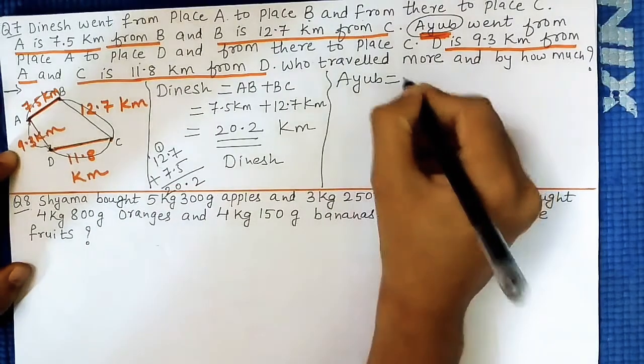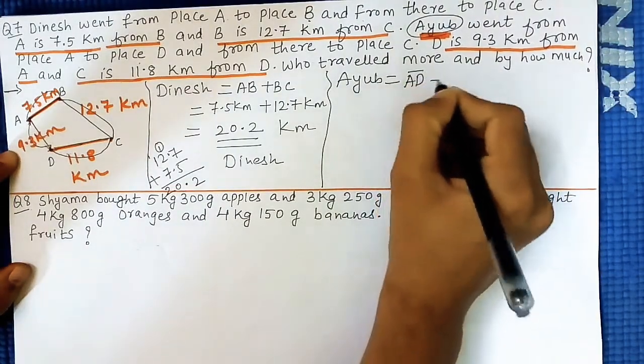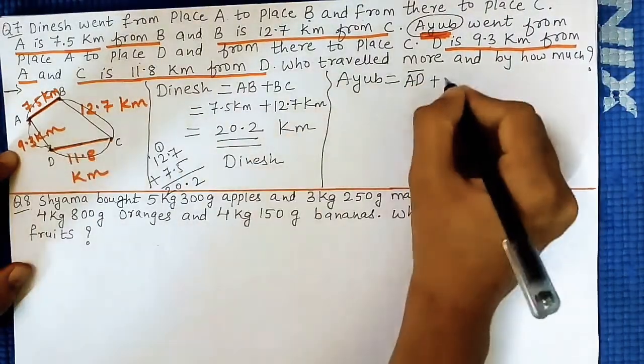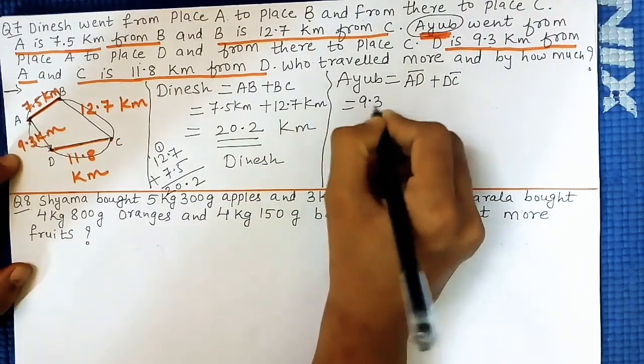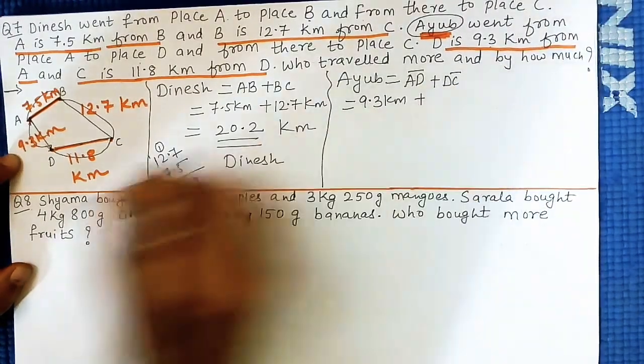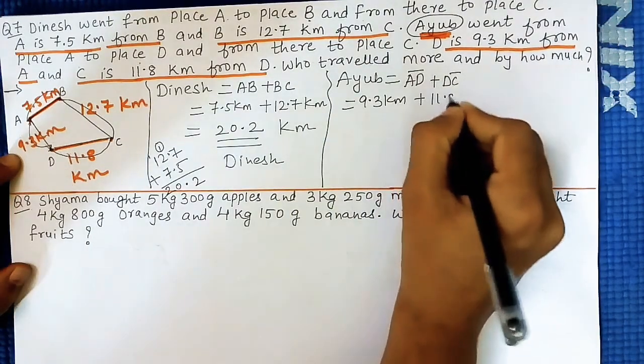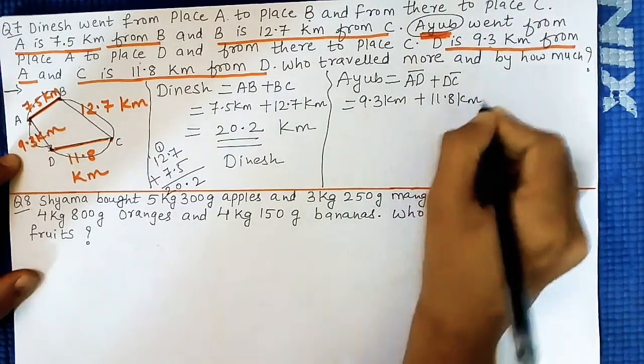So AD is 9.3 kilometer and DC is 11.8 kilometer.